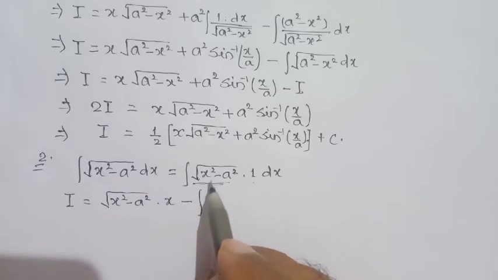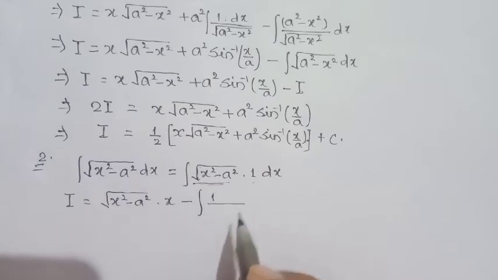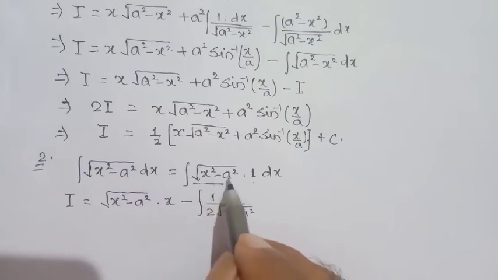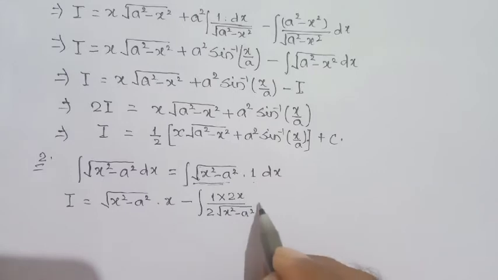Just like the previous problem, differentiation of root x square minus a square is first 1 upon 2 under root x square minus a square, and then differentiation of x square minus a square, which is 2x, into integration of 1, which is x dx.